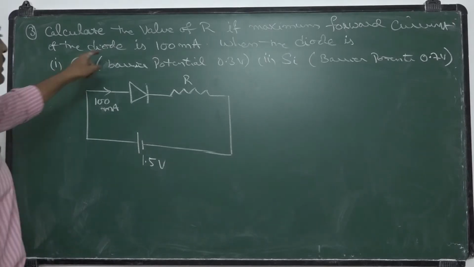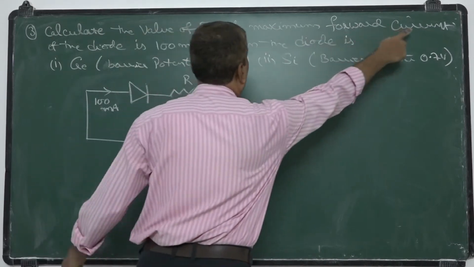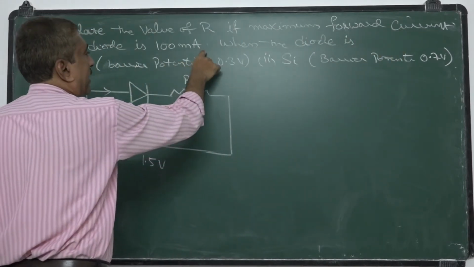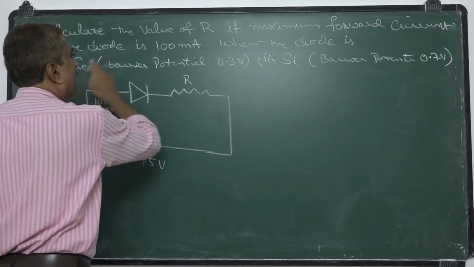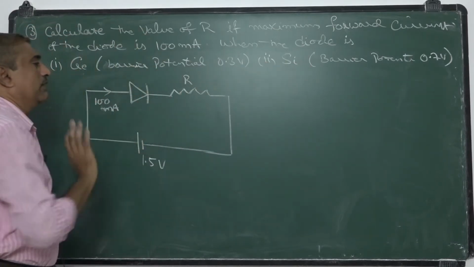Calculate the value of R if the maximum forward current of the diode is 100 milliampere, when the diode is germanium or when the diode is silicon.